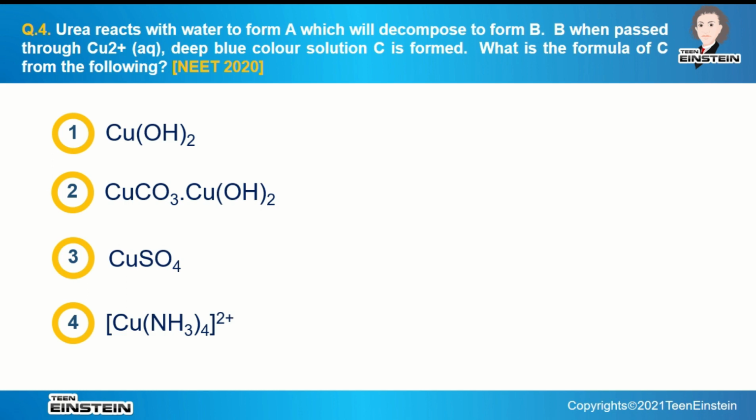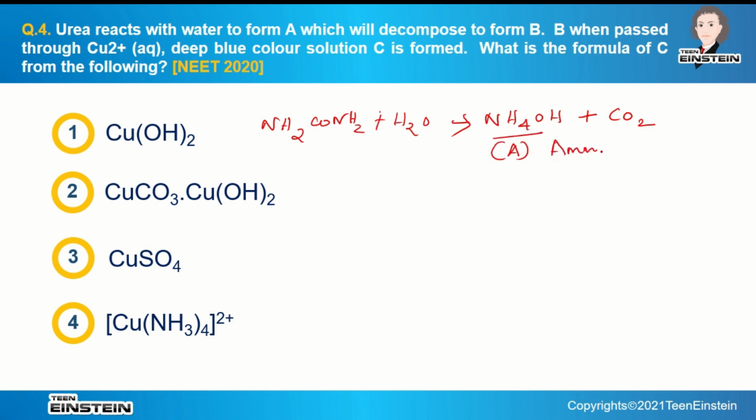So here, first urea is NH2CONH2, which reacts with water, gives ammonium hydroxide, that is NH4OH, and releases carbon dioxide. So here the compound A is ammonium hydroxide.